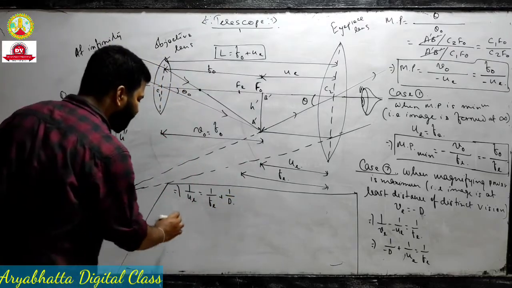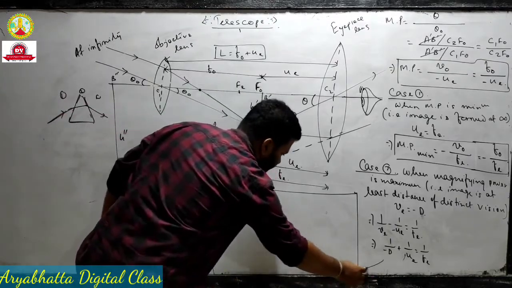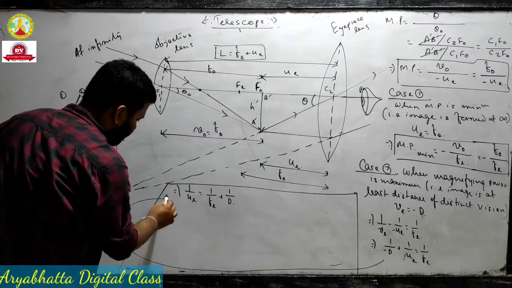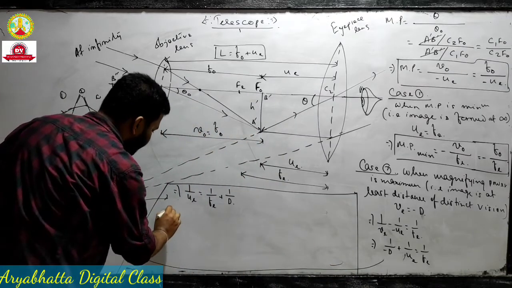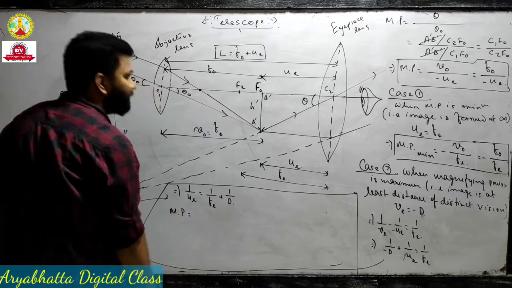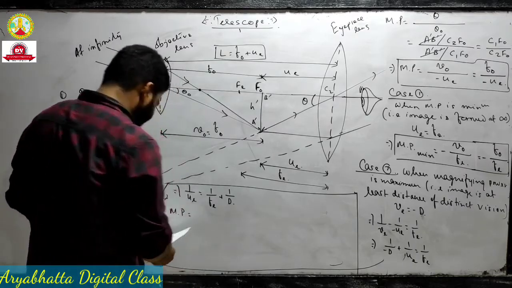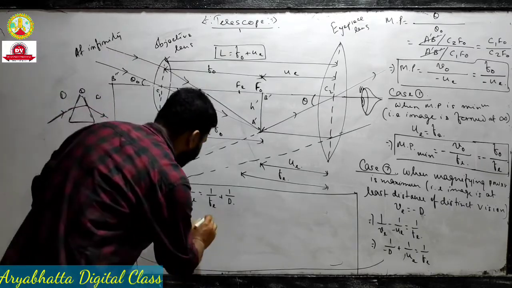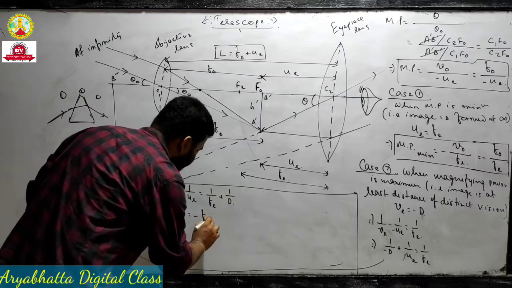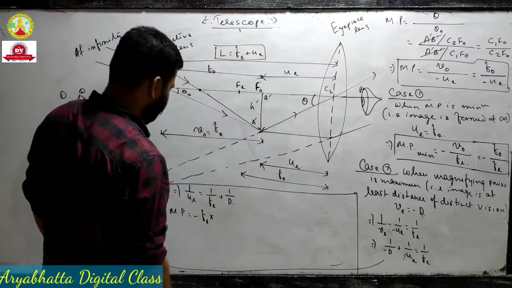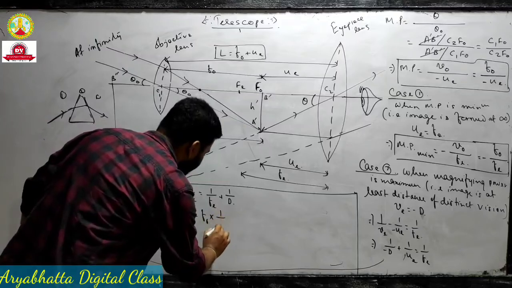So what is the formula of magnifying power? After this, you come to this part. Magnifying power is equal to minus F naught into 1 by UE.